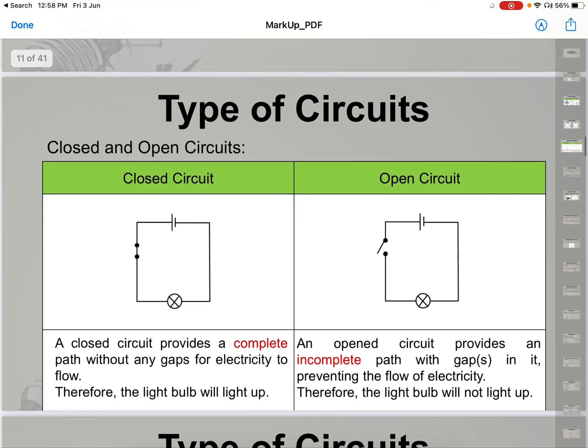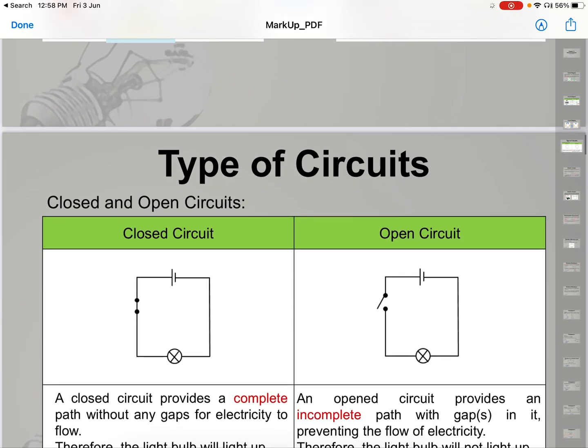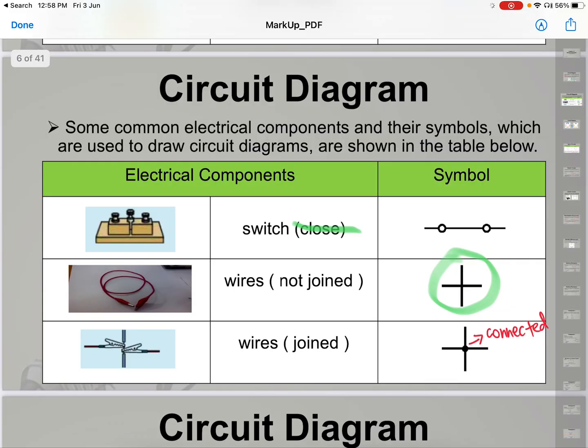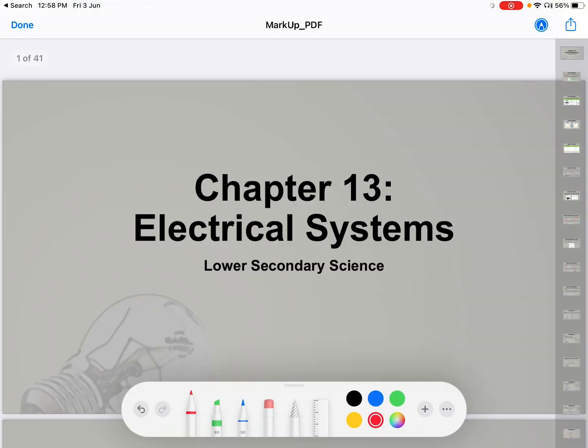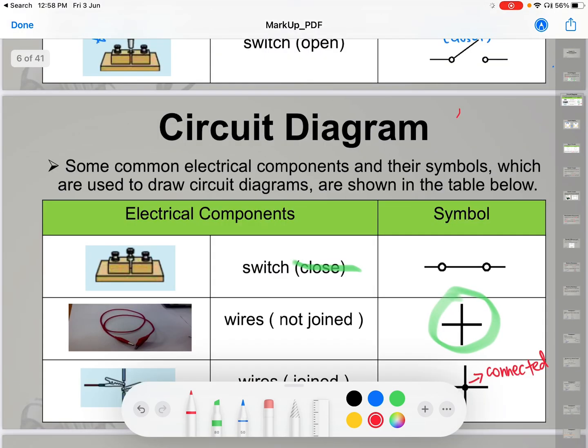At this point here, I want to go back to the very beginning. Circuit diagram, so this requires drawing. For every drawing, please remember that you will need to use a pencil. It involves a lot of lines for all the symbols, and the lines need to be drawn with a ruler.